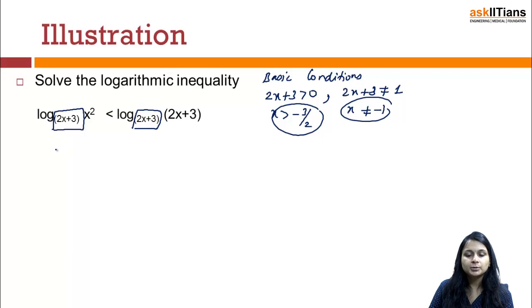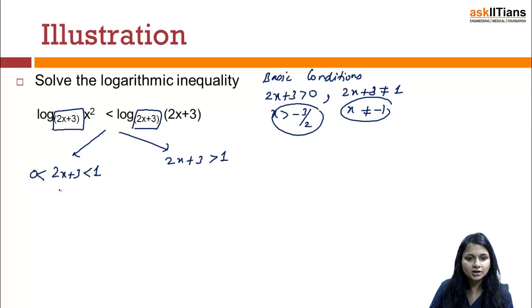Now, because right now I am not aware whether my base is between 0 and 1 or greater than 1, I will take two cases. In one case I will say that 2x plus 3 is lying between 0 and 1. In another I will say that 2x plus 3 is greater than 1. What it means here is that 2x will lie between minus 3 and minus 2, so x would lie between minus 3 by 2 and minus 1.